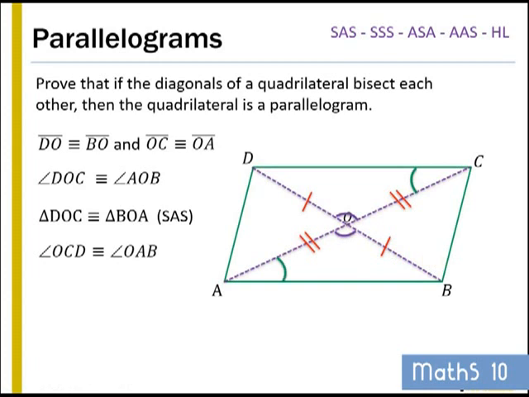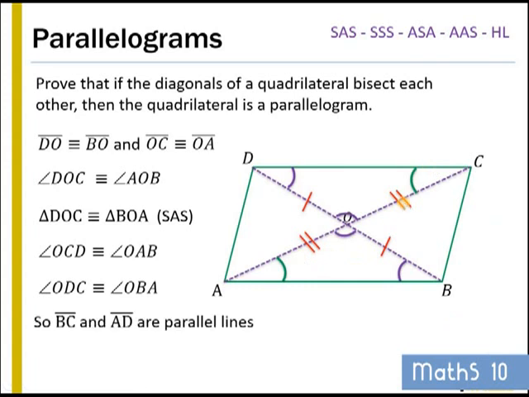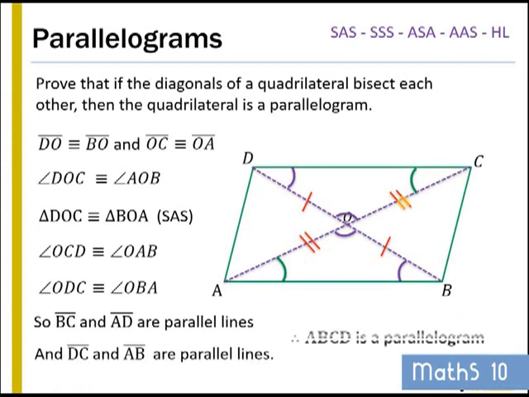Therefore, angle OCD equals angle OAB and angle ODC equals angle OBA. So this means that these are pairs of alternate angles. So BC and AD must be parallel lines, and DC and AB must be parallel lines. Therefore, ABCD is a parallelogram.